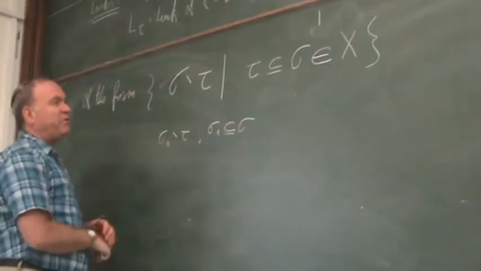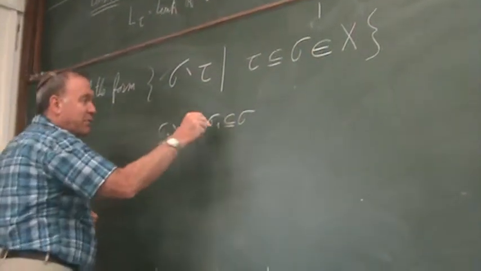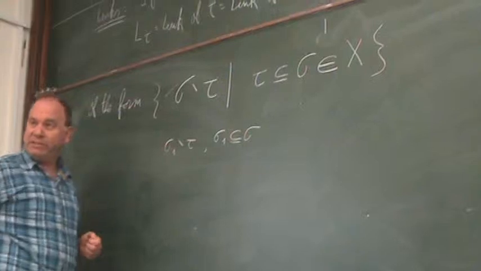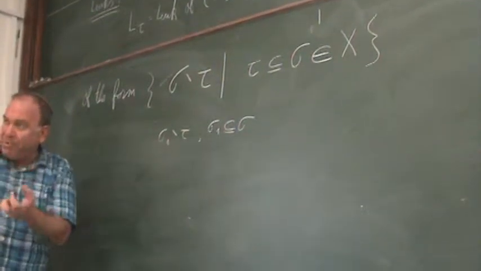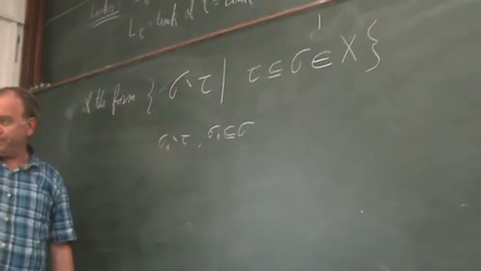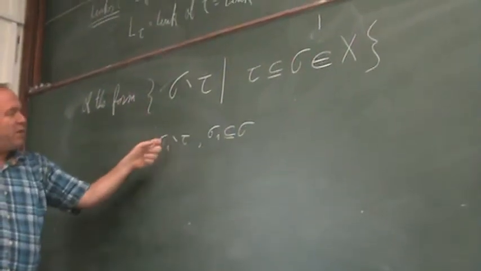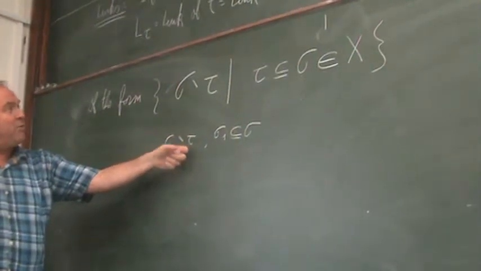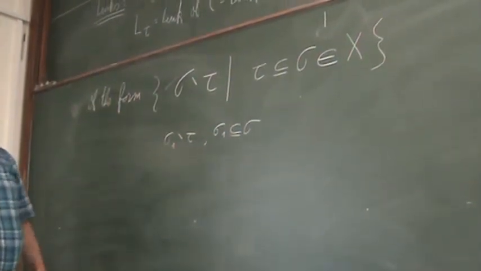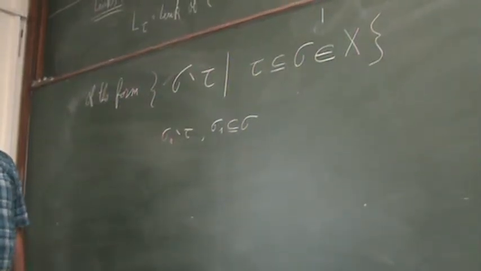Because X is a simplicial complex, sigma 1 is also in X, because a simplicial complex is closed under inclusion. So sigma 1 is in the simplicial complex, and sigma 1 minus tau is in the link. So this is a simplicial complex.